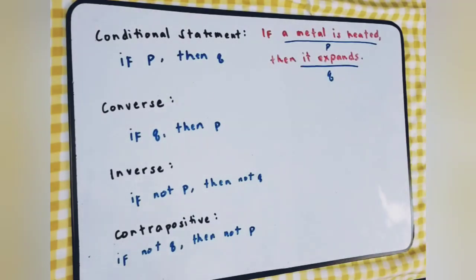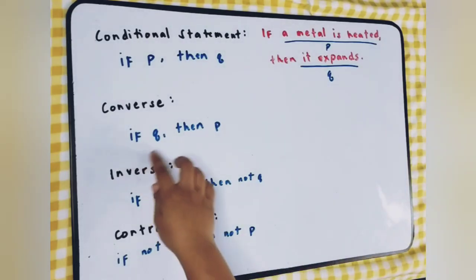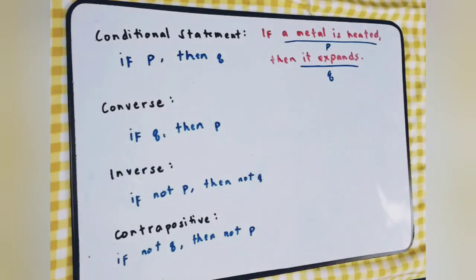Now we're going to transform the conditional statement into its converse, and the pattern is if Q, then P. Meaning to say, in the converse, you will simply reverse, or interchange, the conclusion and the hypothesis.